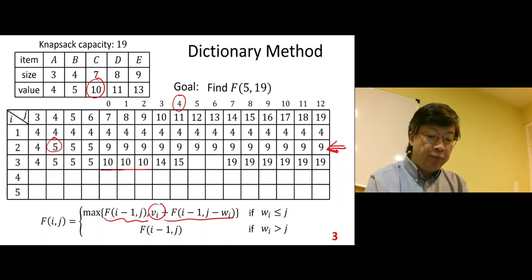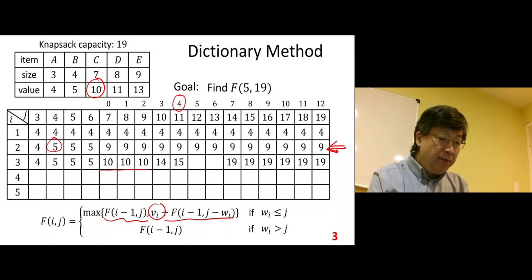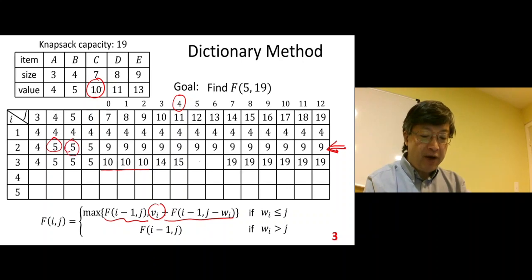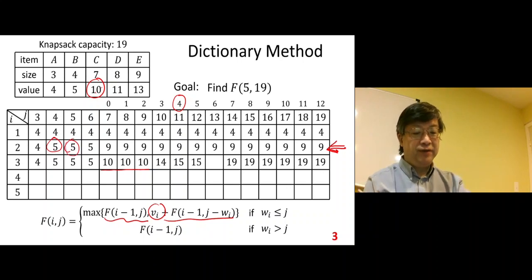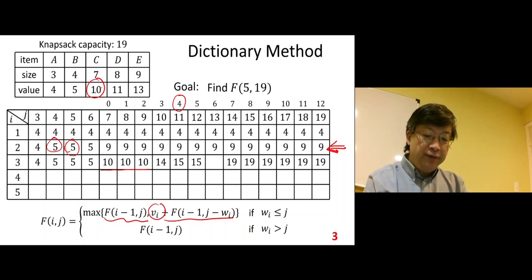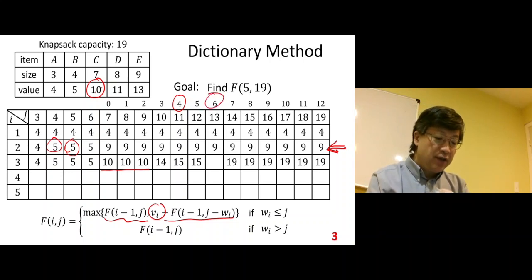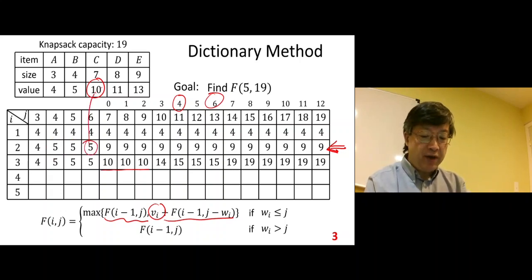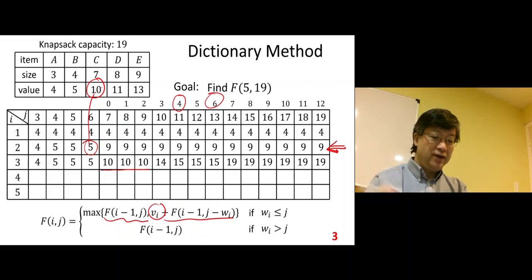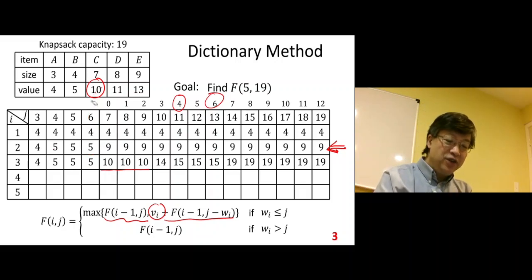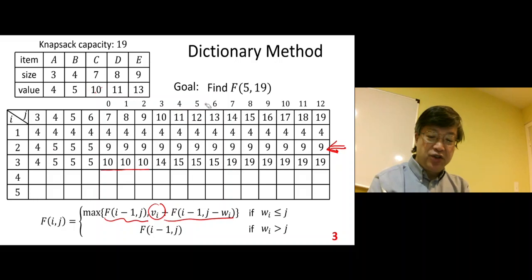The next one, 5: 10 plus the number, second row, under 5, still 15, better than 9, so we put 15 here. The next one, 6: second row, under 6, 5 plus 10, still 15, better than 9, so we put 15 there. So we finish row number 3.